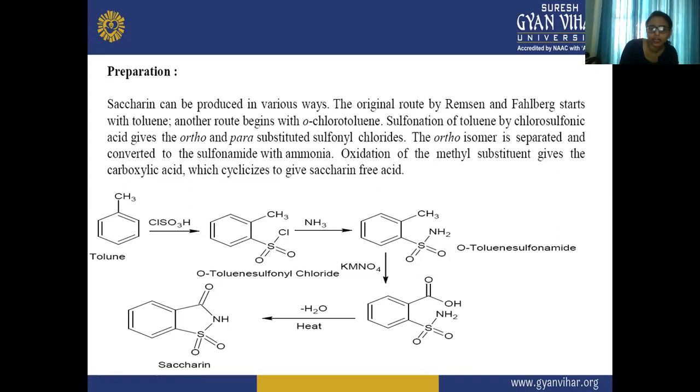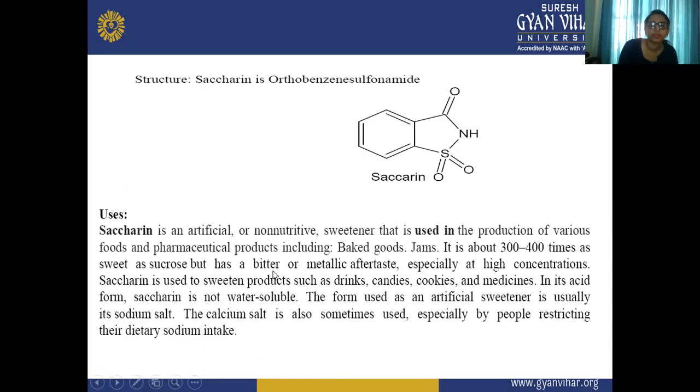From here the water molecule is removed on heating, condensation occurs, and after that we get saccharin. Next, this is the structure of saccharin. Here benzene is attached, sulfonamide is attached, and NH and CO.